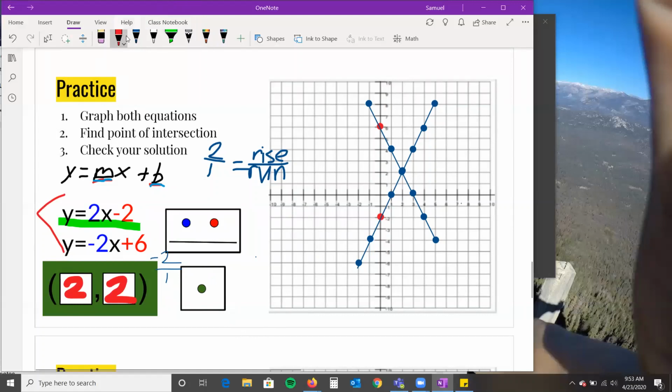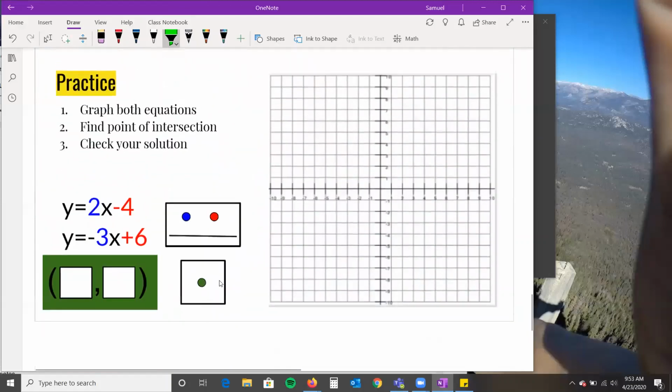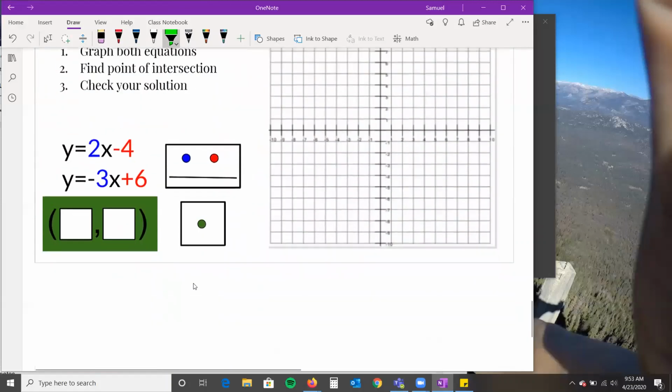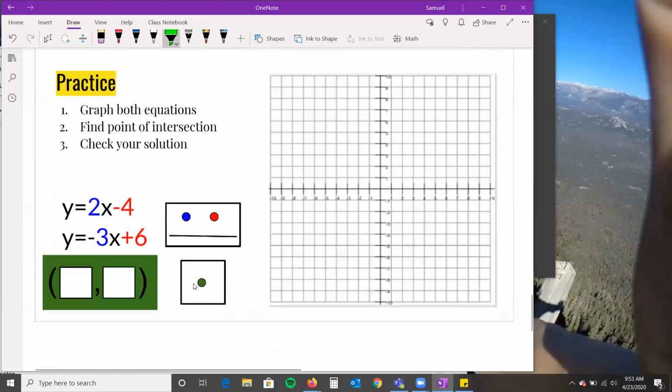I could put my green dot there if I needed to. Alrighty, I want you guys to go ahead and do this next one by yourself, and then we're going to check it, and then we're going to do one last thing real quick before we go.